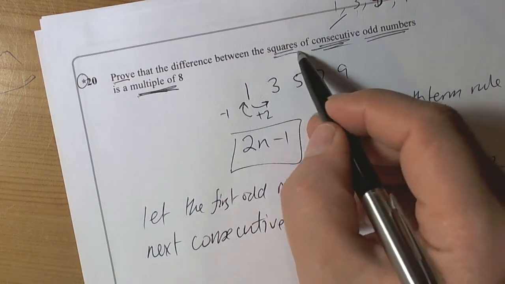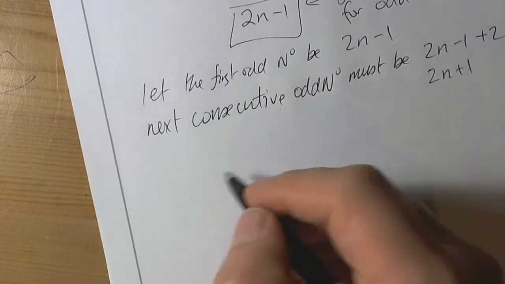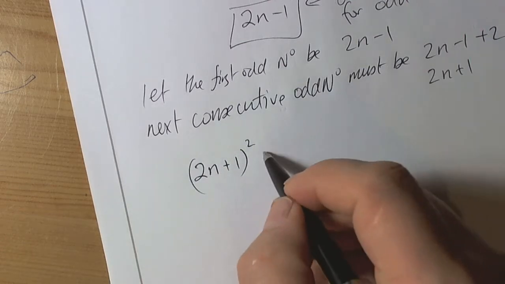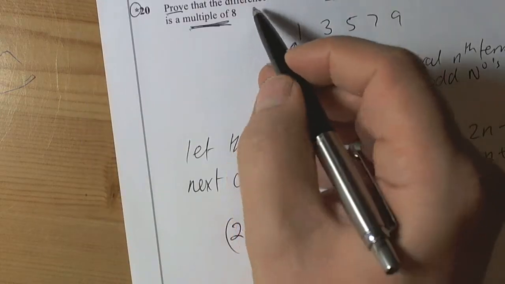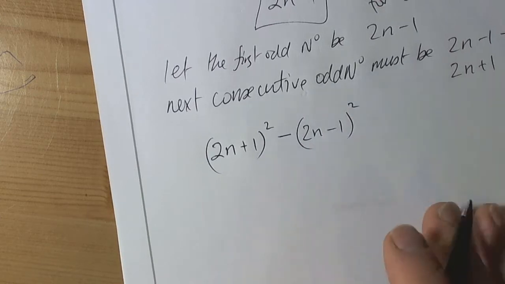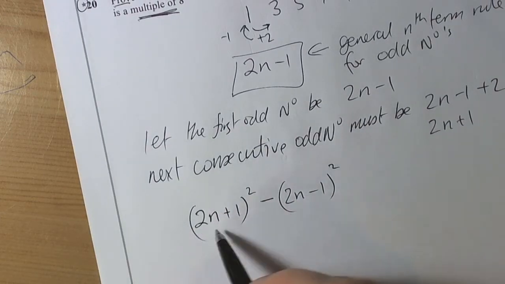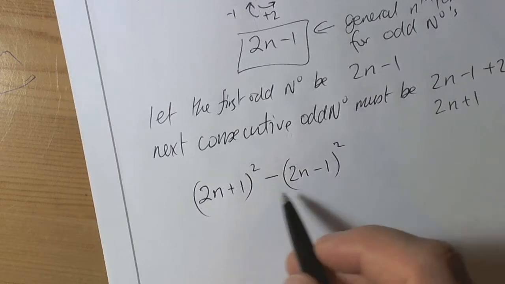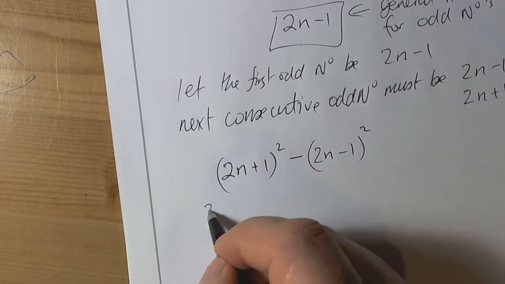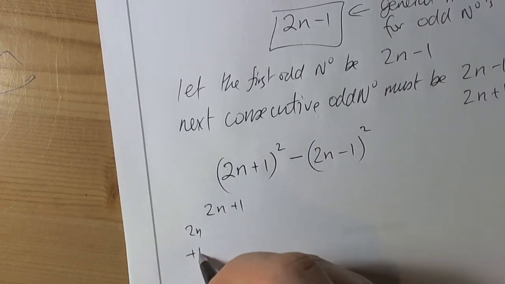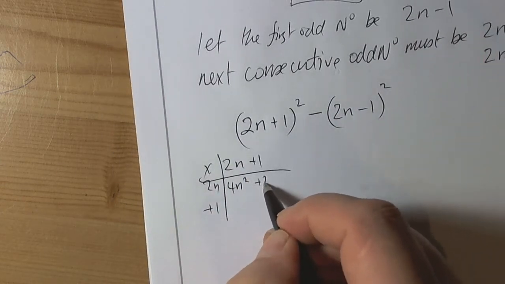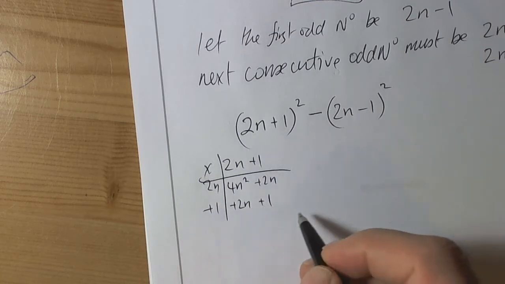Now the question said, do you want the squares of consecutive odd numbers? So basically it's saying you want the square of the second consecutive number, take away, because it says the difference, the square of the first odd number. So basically I've got to prove that that gives me a multiple of 8. So the classic thing is we've got to multiply out a bracket squared, so we've got to realise that that means 2n plus 1 times 2n plus 1, so we're going to end up with 4n squared plus 2n plus 2n plus 1.